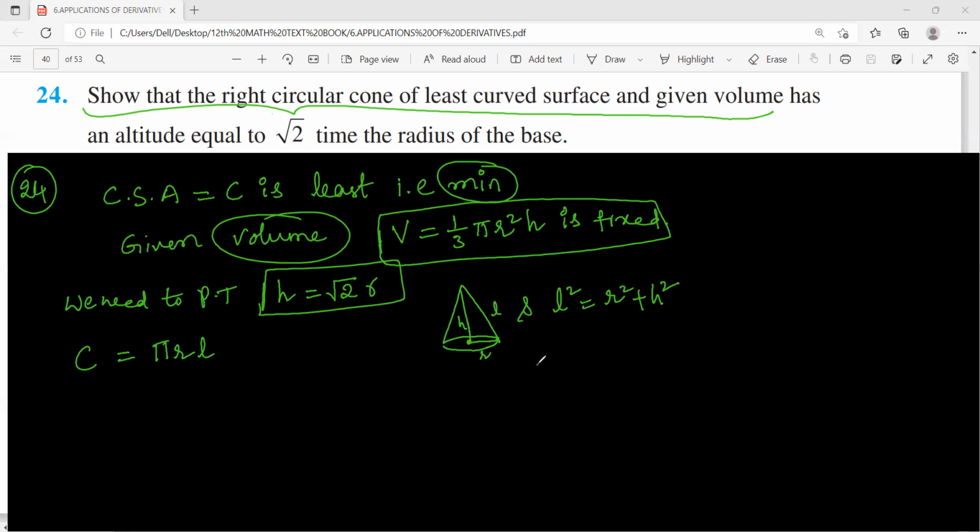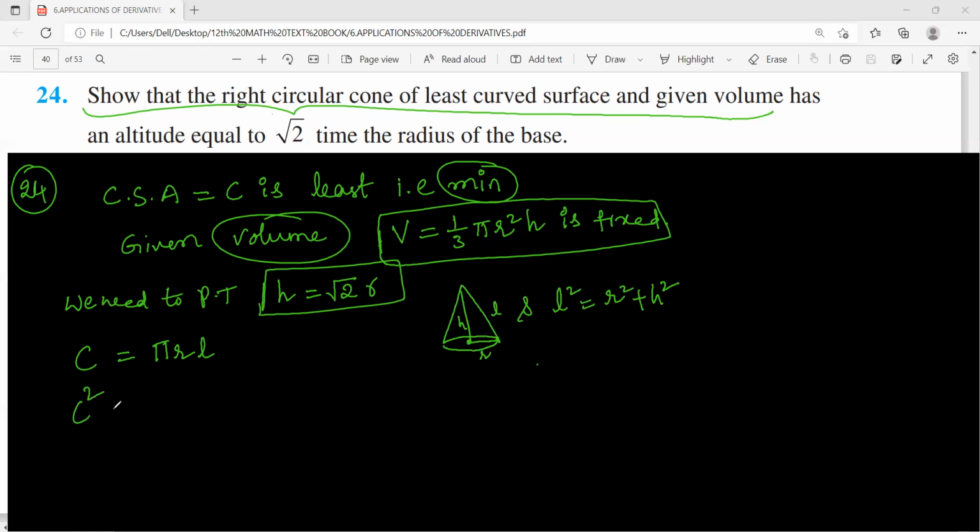Everything we have to convert to one variable. So we can take h equal to 3V by pi r square. First of all, when C is minimum, C square is also minimum. Why do we take C square? Because here we have l square.